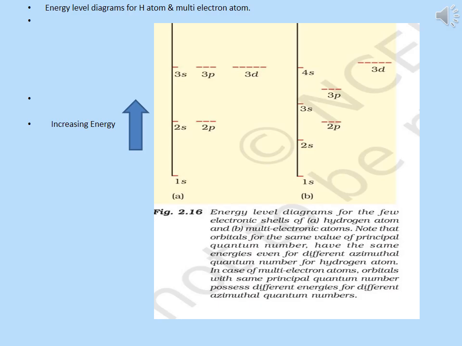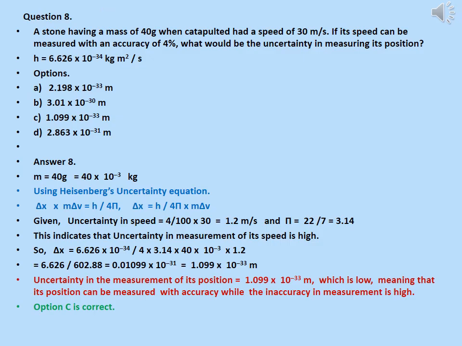For hydrogen, they have the same energy value. Whereas in case of a multi-electron atom, see the difference in energy values. 3s subshell is lower in energy, then comes 3p, then comes 4s, then comes 3d. So please look at this diagram and study it carefully. It is given in the NCERT textbook.